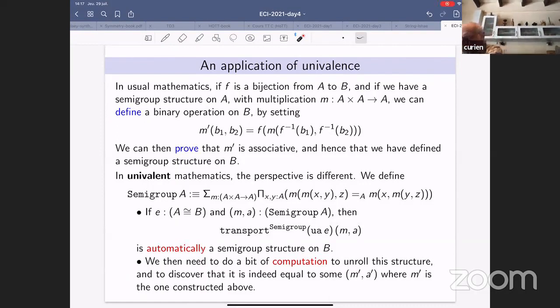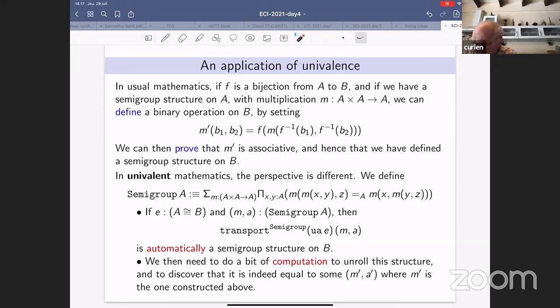So the story starts like this. We want to endow some set with some structure. Here I'm speaking in ordinary mathematics. So for example, let's take the semigroup structure.